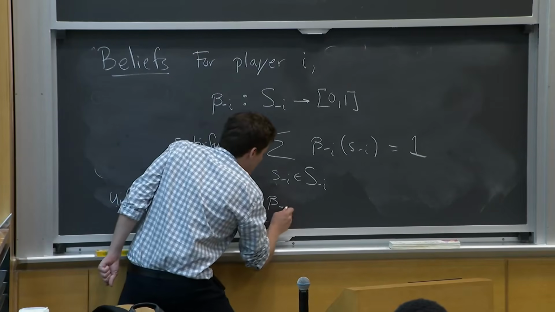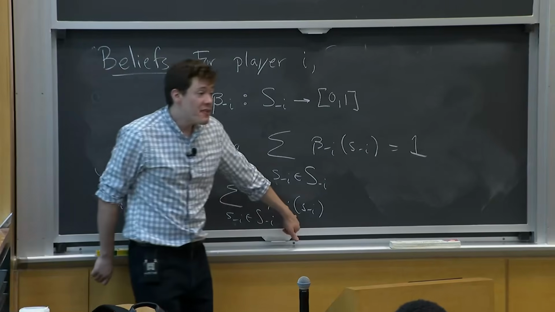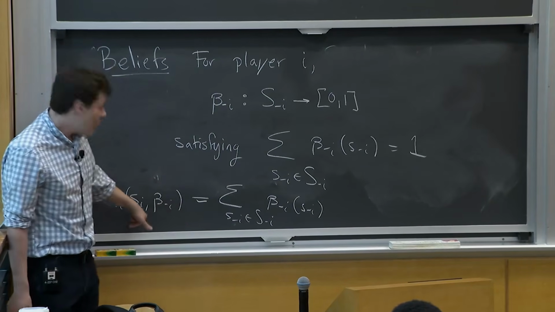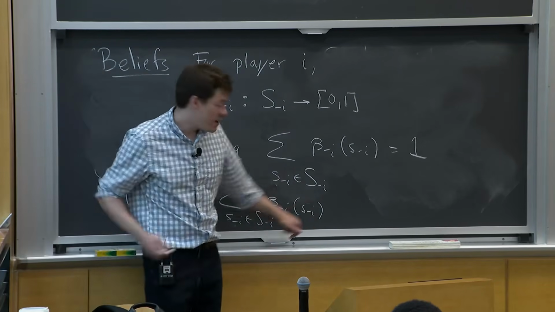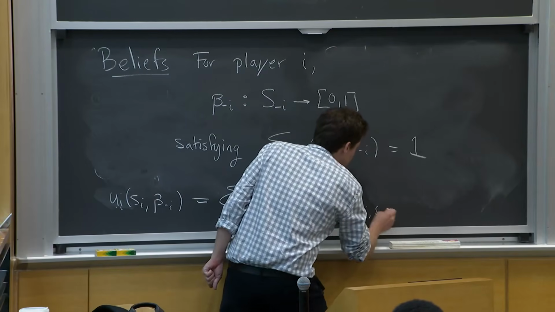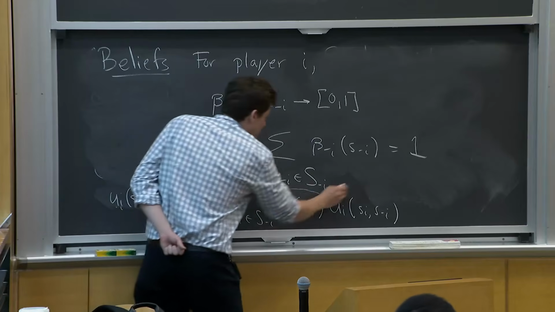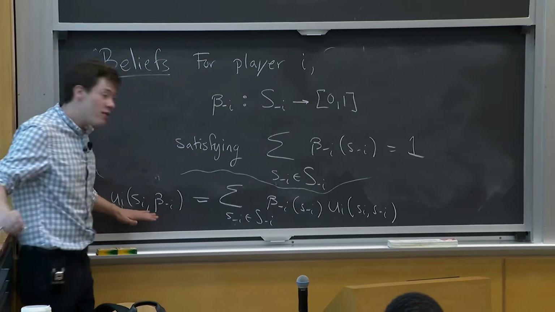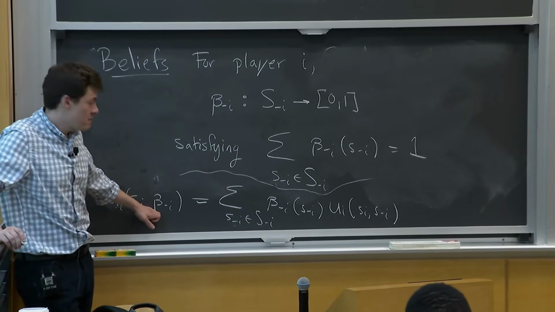It's beta negative I of S negative I. And I want to multiply this by the utility I get if that happens. Well, what's my utility? I'm still playing s_i. If it turns out my opponents play S negative I, then my utility is u_i of s_i, S negative I. Let me maybe draw a line here to make it clear this is a separate line. And this is the formal definition, or the formal extension, of this function to strategies and beliefs.